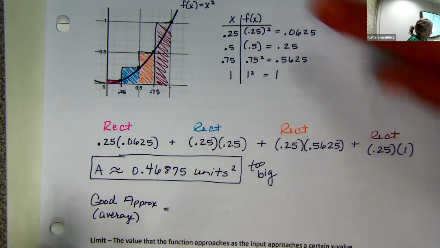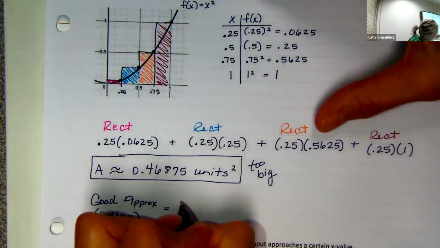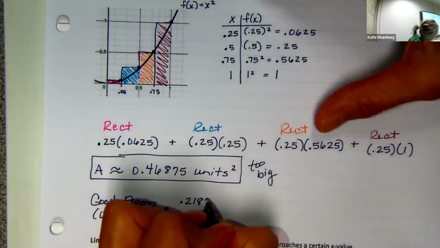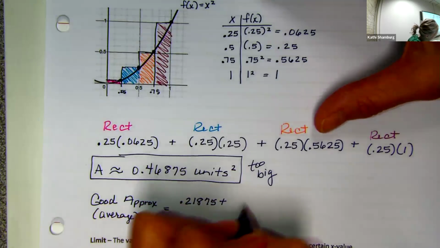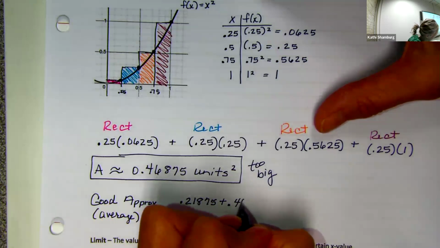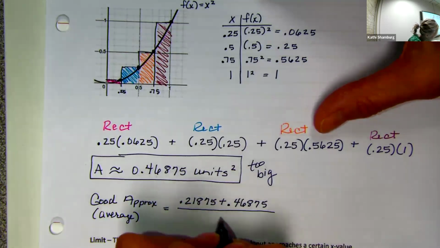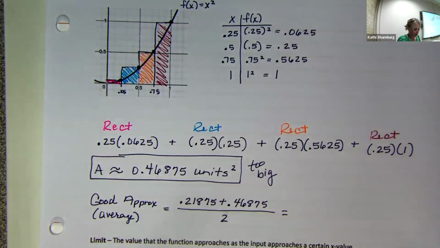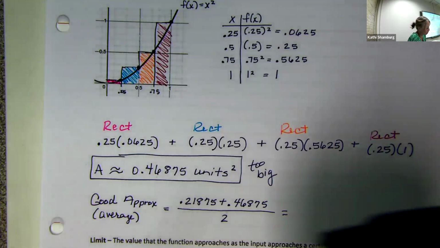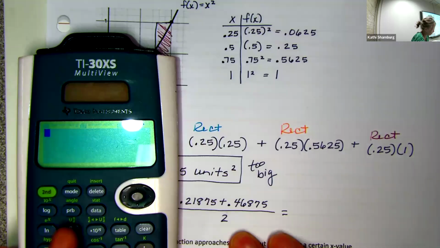So I'm going to take that one that's too small, 0.21875, and add it to the one that's too big, 0.46875. I'm averaging two numbers, so I'll divide by 2, and that would give me a pretty good guesstimation.